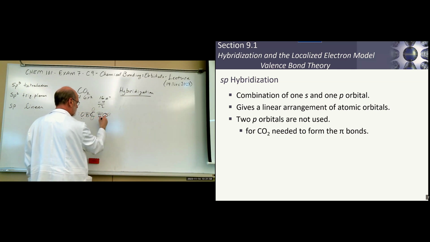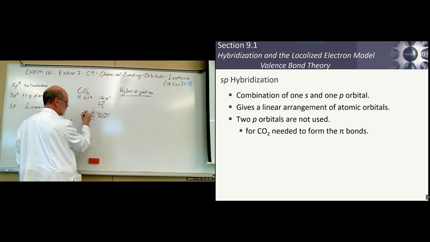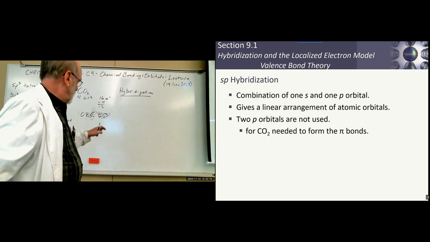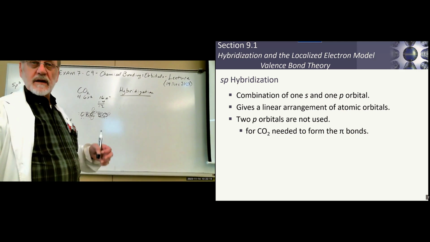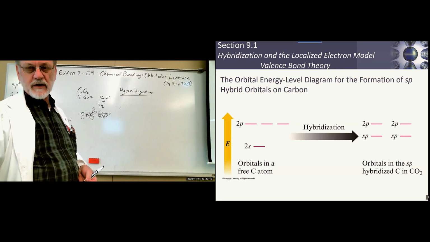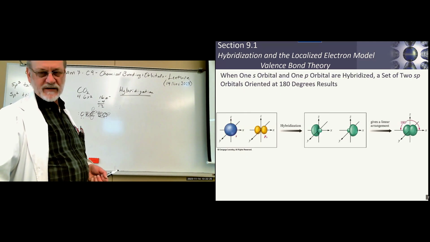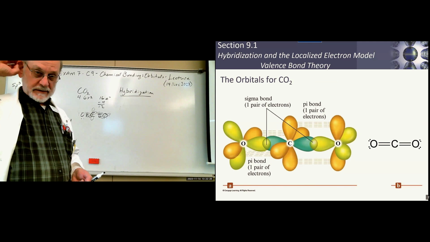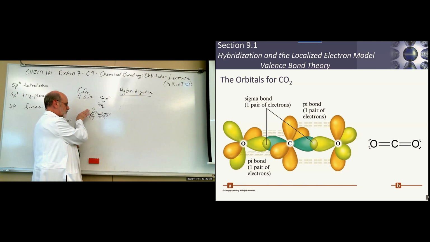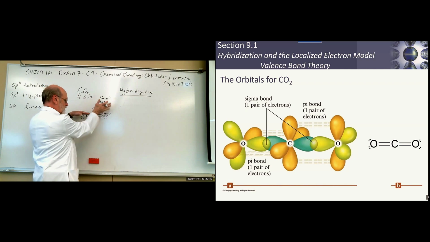The other one is at the other angle with the other unused p on the carbon. I think they show a better picture. So we have a pi bond on this side and a pi bond on that side, which are constructed of unused p orbitals from the hybridization process. And there's the energy spread. That's what makes it look linear. This pi bond is at right angles to this pi bond. So if this one is in this plane, that one is in this plane.